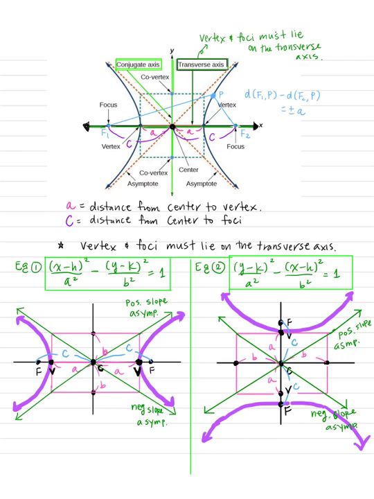We need those values for a and b because the equation requires a squared and b squared in the denominators. Same thing for equation 2. Every letter stands for the same things. Alright, I think we're ready to do some examples.